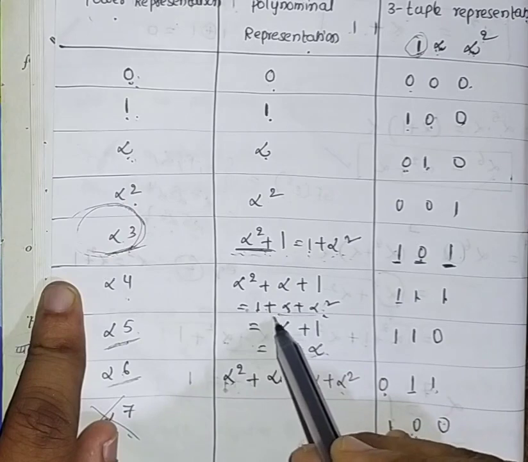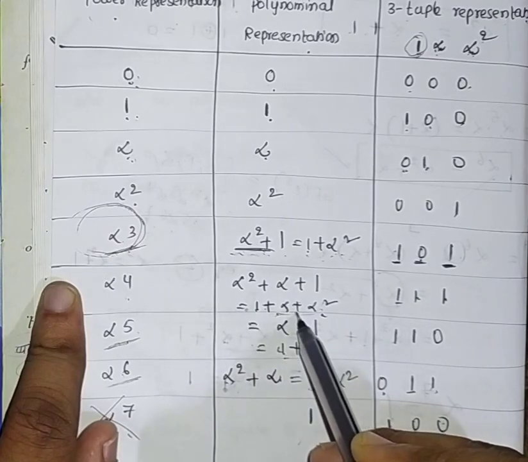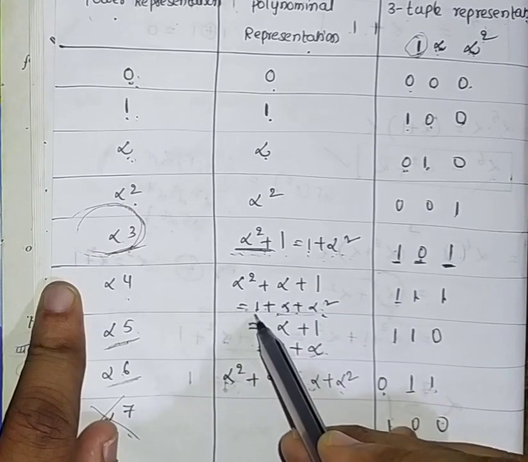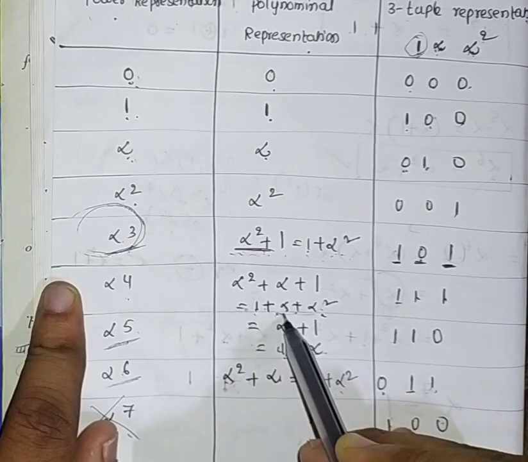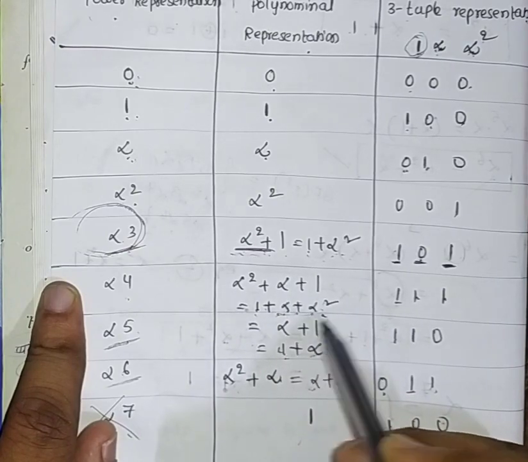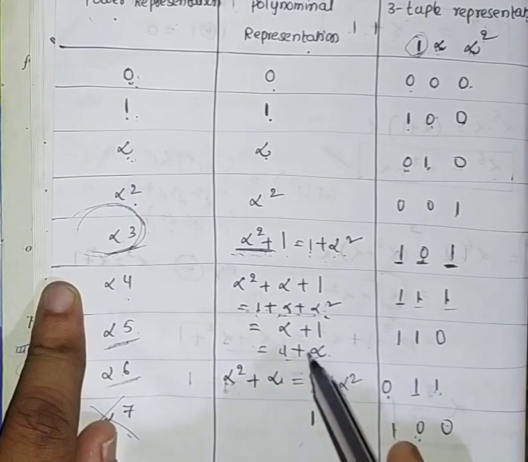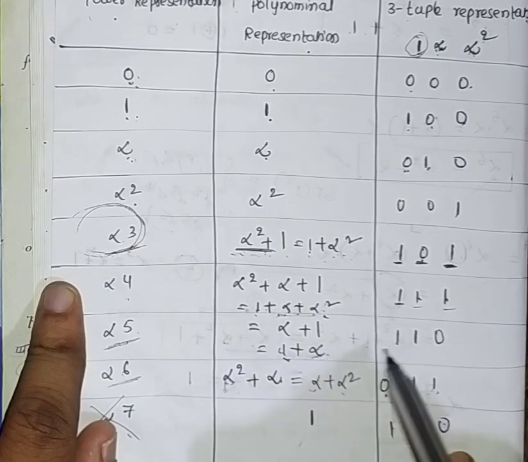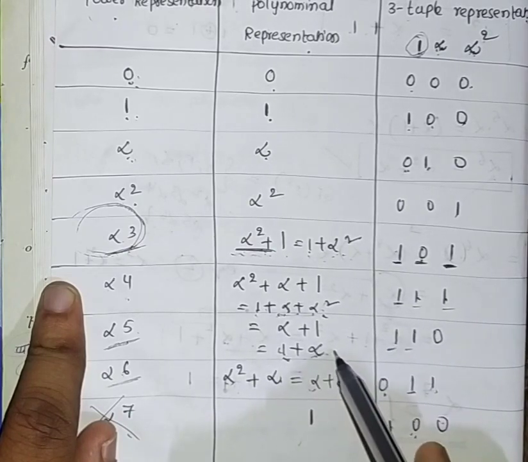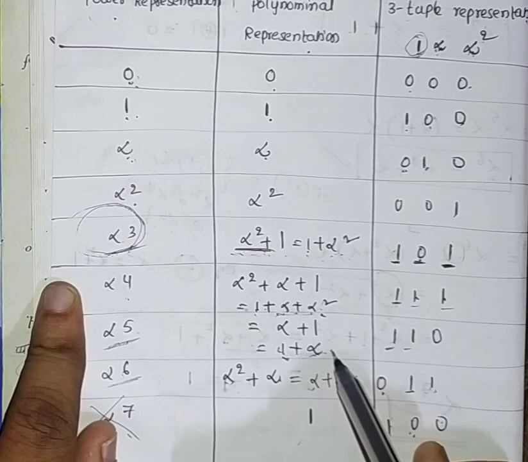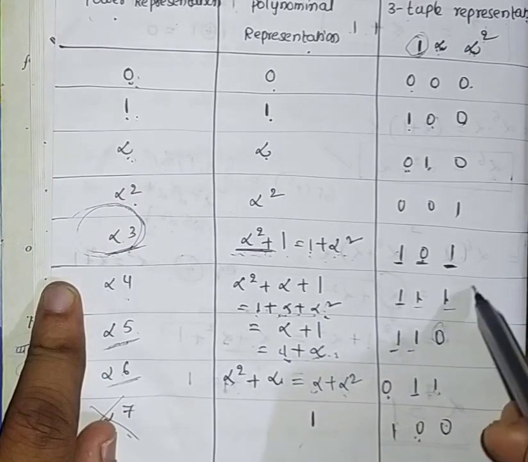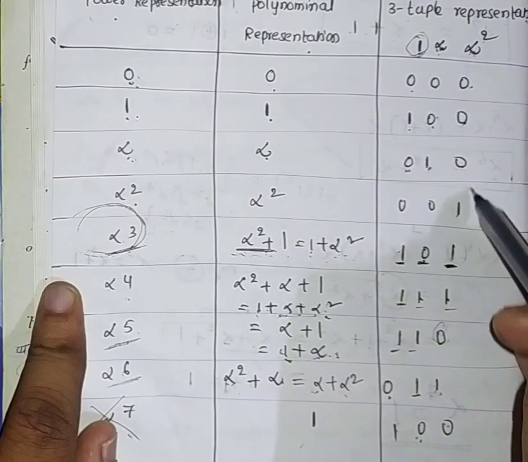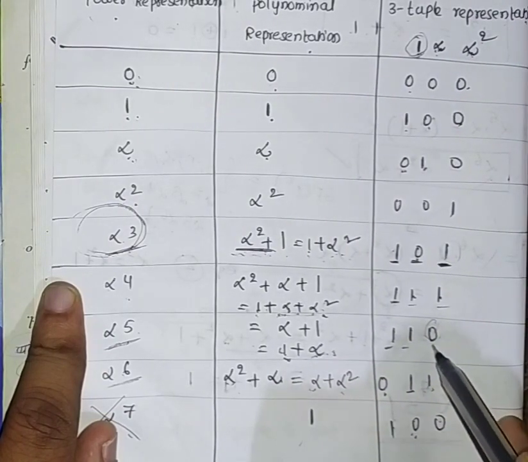If you consider this polynomial, all the terms are available. The term 1 is available, the term alpha is available, the term alpha square is available. Therefore, 1. In this particular polynomial, we have only the terms alpha and 1. So therefore, the 1 term is 1 and alpha is 1. There is no alpha square term in this particular polynomial. So therefore, the alpha square term is 0.